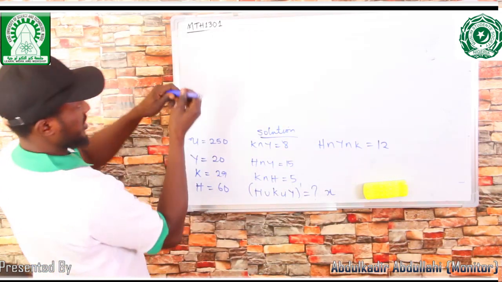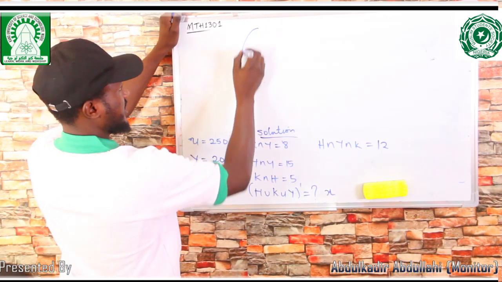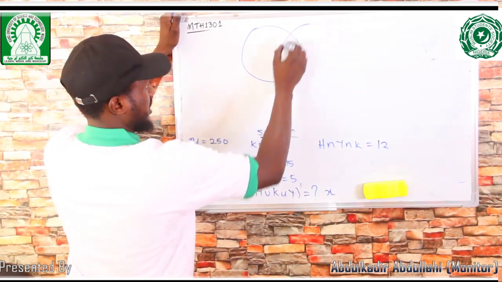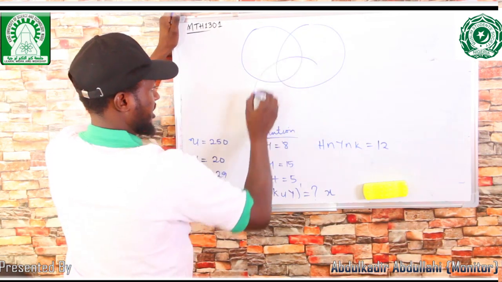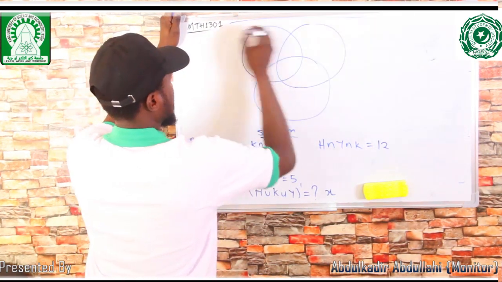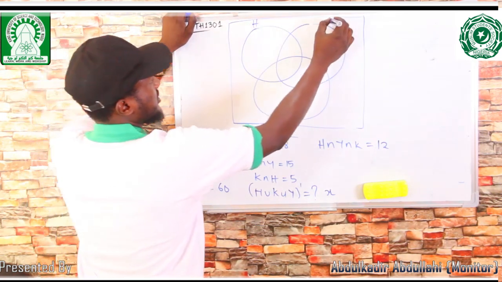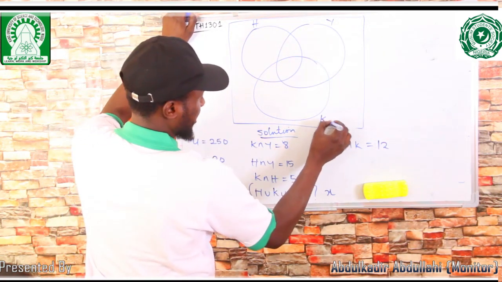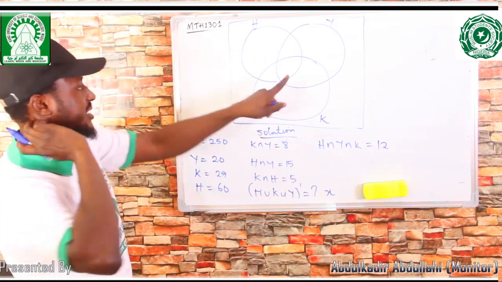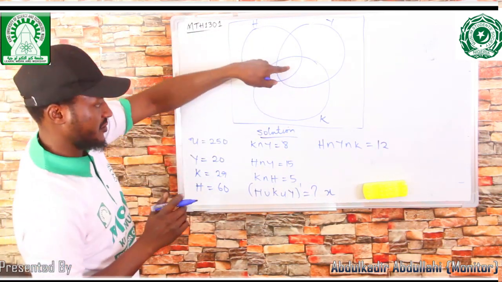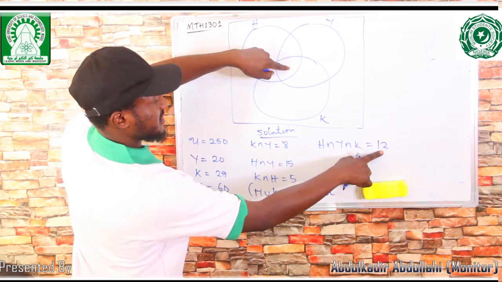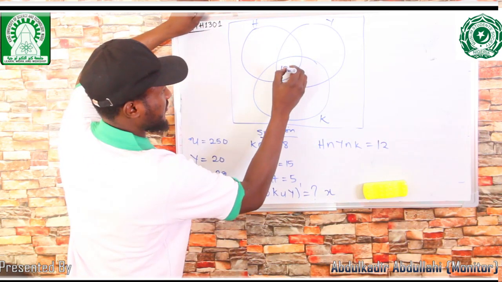So let's draw our Venn diagram so that we see how to represent it. This is our Venn diagram. This is for H, this is for Y, and this is for Kanuri. As I said, the first thing to write here is the intersected value, which is 12. So you write 12.